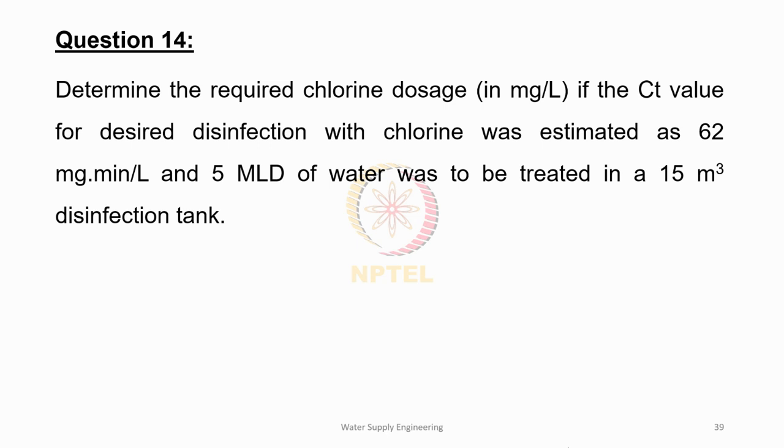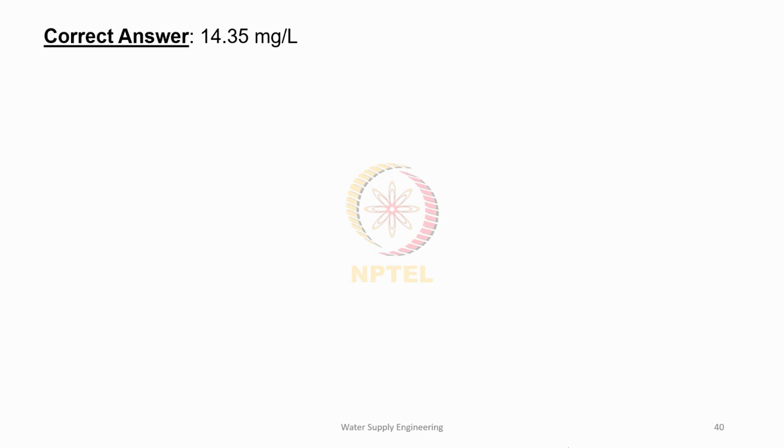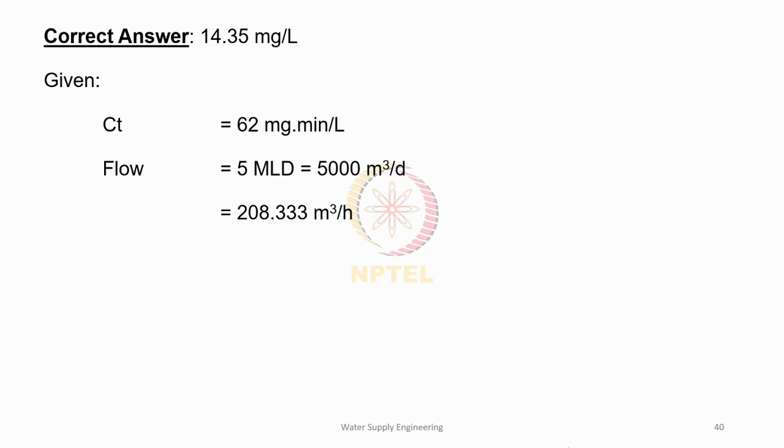Okay, so we'll see how to solve the problem. The correct answer is 14.35 milligram per liter. So it's given that CT value is 62 milligram minute per liter and the flow is 5 million liters per day, that is 5000 meter cube per day, or 208.333 meter cube per hour.